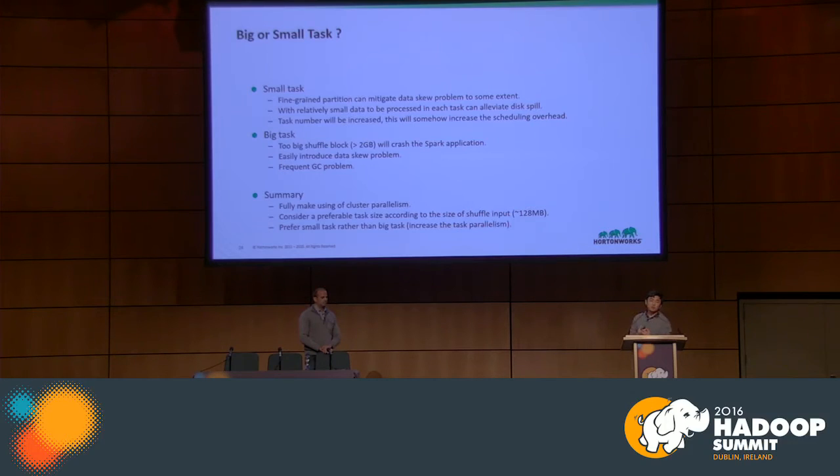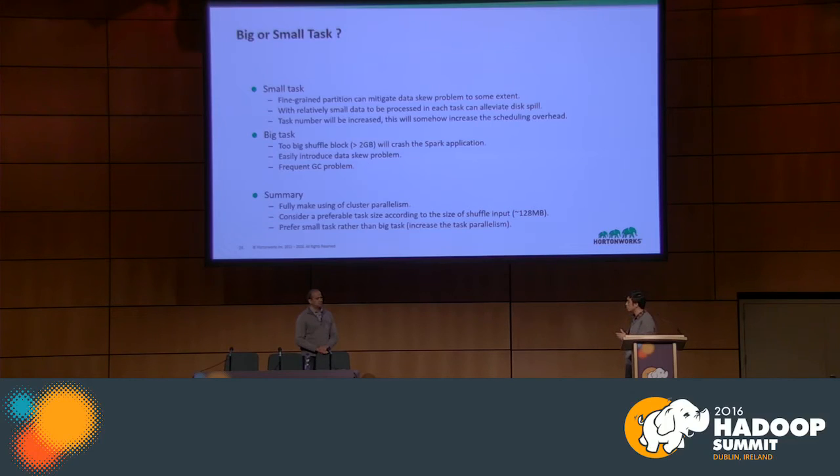The bad thing is that for small tasks, especially very small tasks, with this fixed shuffle output data, we will have to launch many more tasks. And with a large number of small tasks, this will increase the scheduler overhead. That's the disadvantage of very small tasks. But for big tasks, we have many disadvantages.